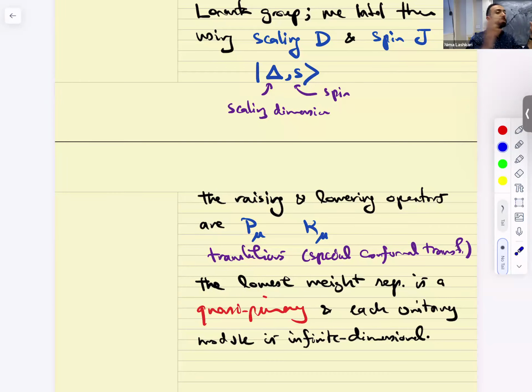It's always in the form of a lowest weight representation, and the structure to have in mind is always the same. You'll have an operator, in this case the scaling operator, and spin. They're simultaneously diagonalized. On top of this, we generate the whole thing. P mu's, the derivatives, are like creation operators. K mu are like annihilation operators. Based on what I told you, what's the definition of the lowest weight? Killed by K mu. Yes.